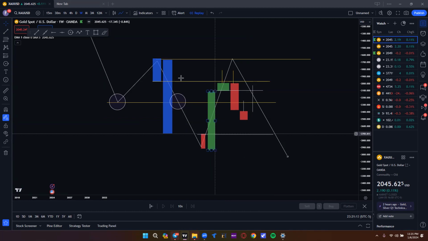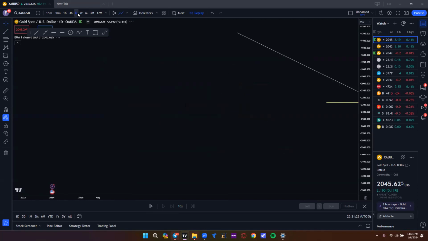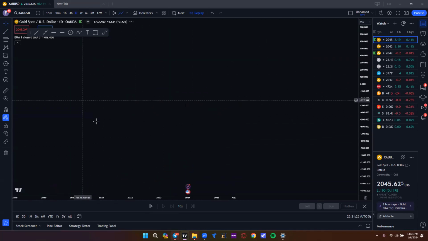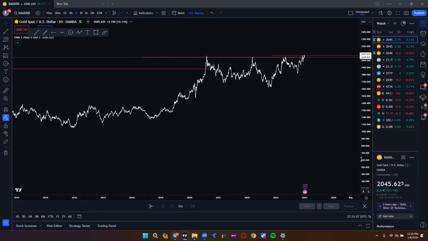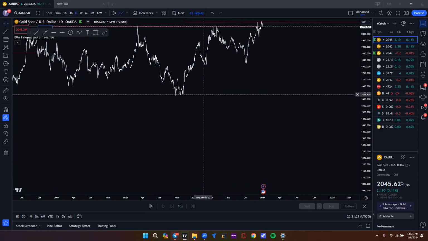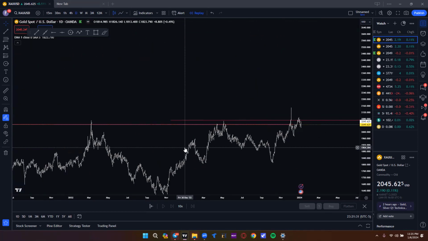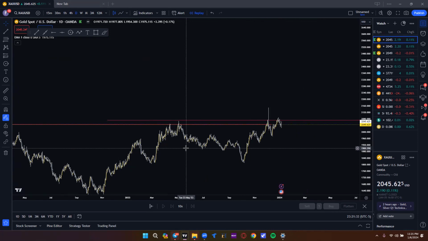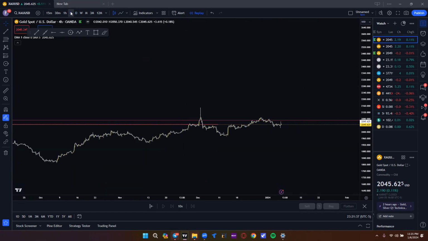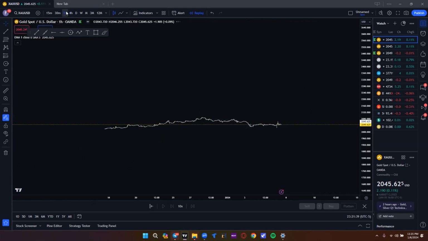But the point I'm trying to make is when you drop down time frame, you're observing the level that you just dropped down from. So daily to H4, you're observing the daily level on H4. That's how you will start to work. And then when you go to H4, you're going to drop down to H1.